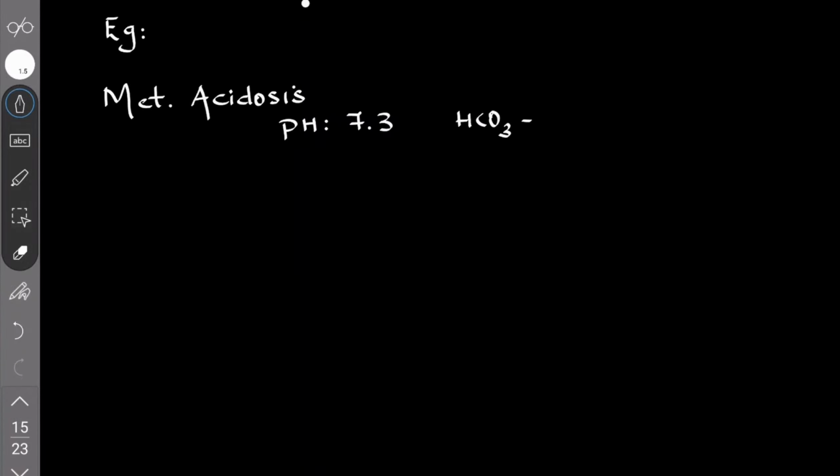So, for some examples, metabolic acidosis, pH 7.3, bicarbonate 20. The expected PCO2 is bicarbonate plus 15.